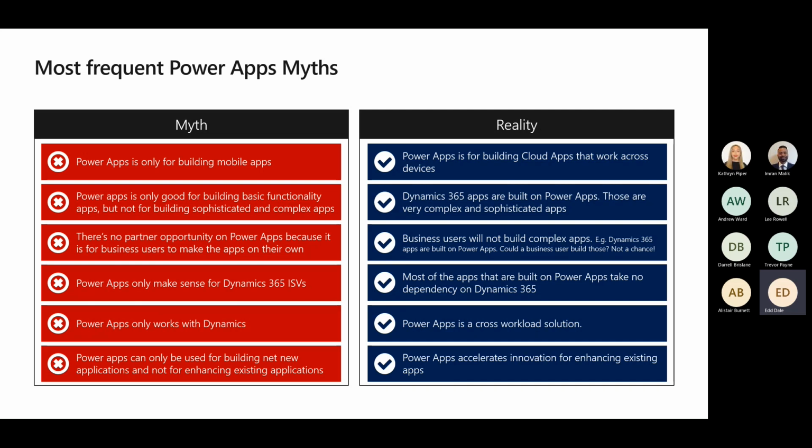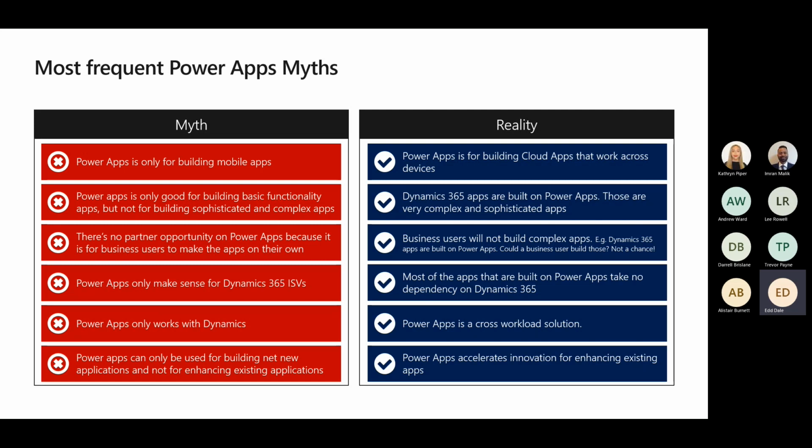Power Apps is a cross-workload solution. And as you saw right at the beginning, with things like the Common Data Service and all of those premium connectors, you can connect Power Apps out to over 270 different products and cloud sources. Last myth: Power Apps can only be used for building net new applications and not for enhancing existing applications.